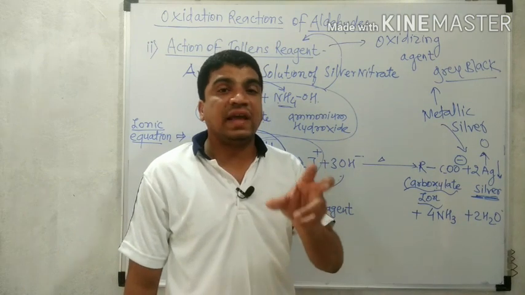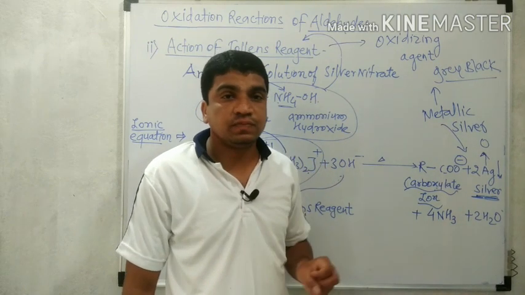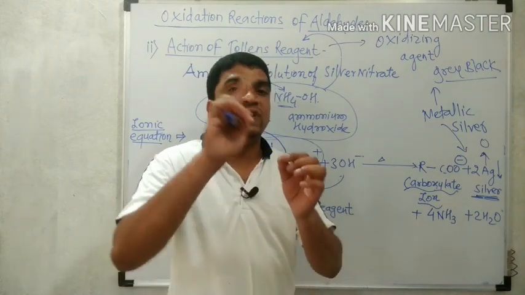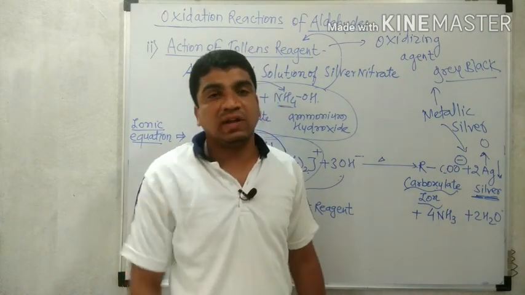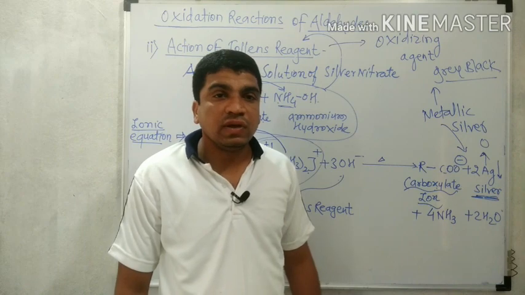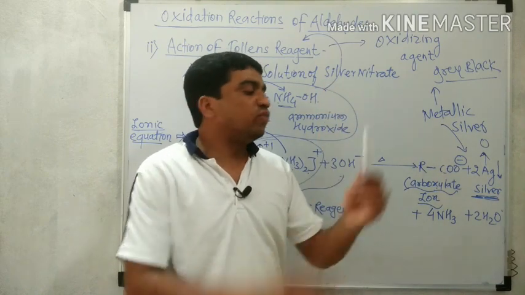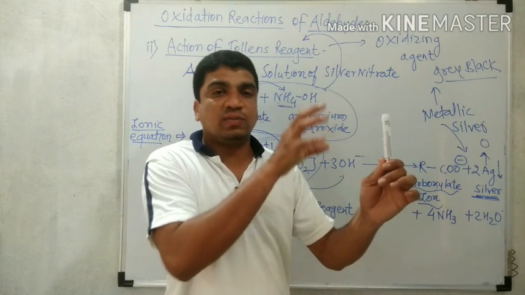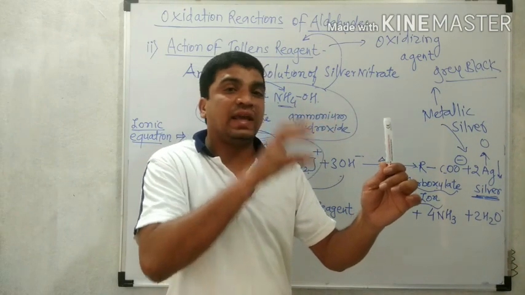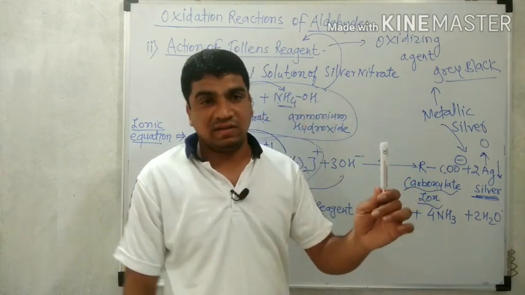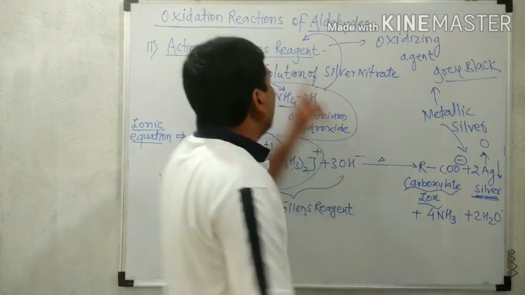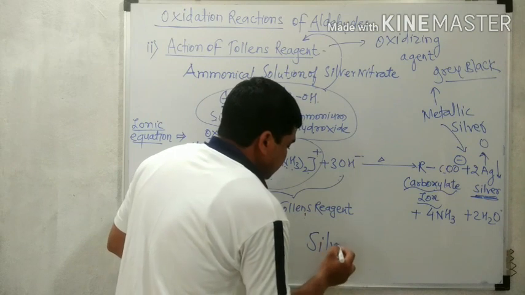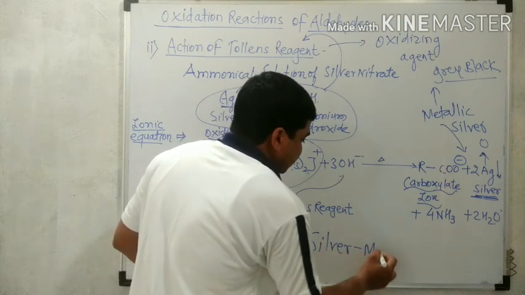When this test is carried out in a glass test tube, the metallic silver is deposited on the inner side of the test tube. And when we look at that test tube from outside, the glass appears like a mirror. Therefore, this test is called the silver mirror test.